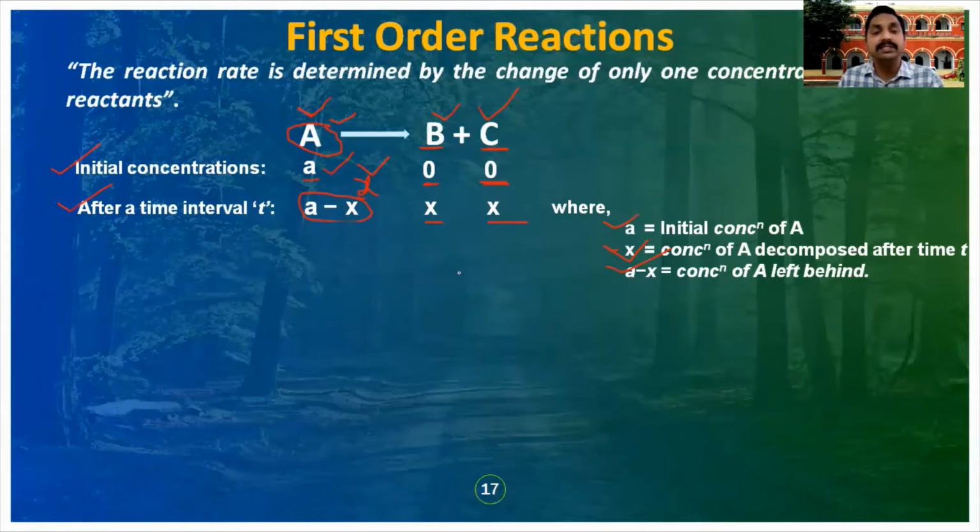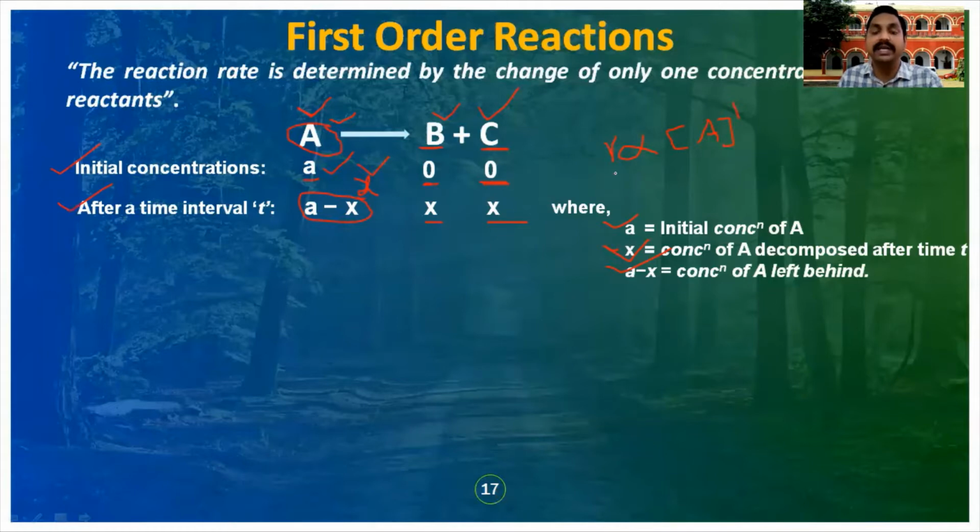Since this reaction is a first order reaction, what will be the expression of rate for this reaction? Rate is directly proportional to concentration of capital A. The square brackets here represent concentration. As the reaction is of first order, we will have R is directly proportional to concentration of A power 1.